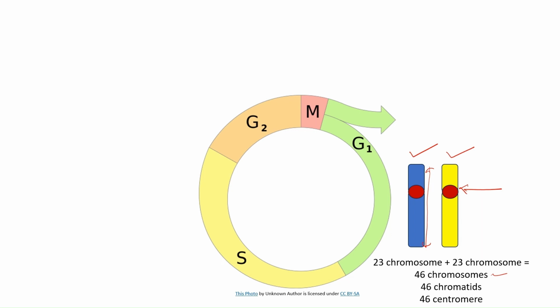Because we are a diploid organism, we have a 2n set of chromosomes. 2n means 1n from mother, 1n from father. So a total of 23 such pairs. This blue 1, 2, 3, this yellow 1, 2, 3, a total of 46 chromosomes each cell contains.